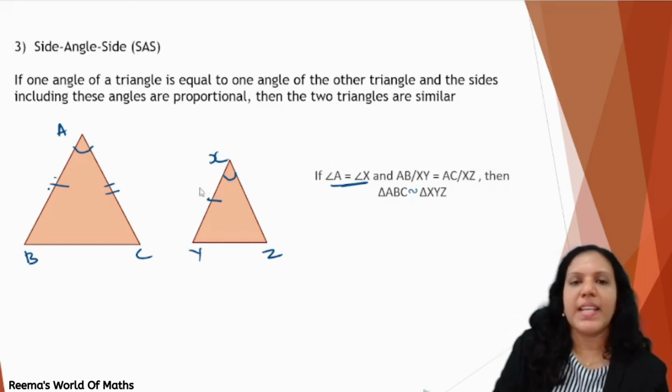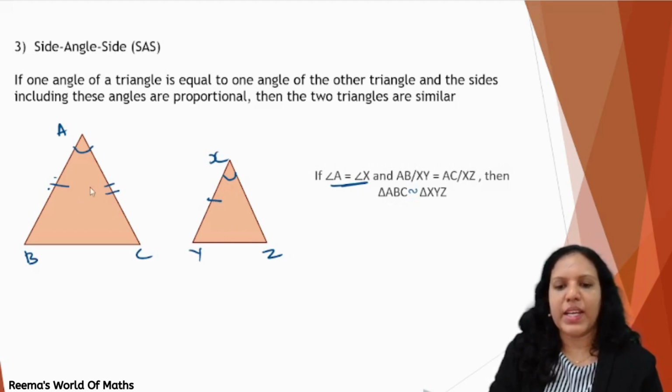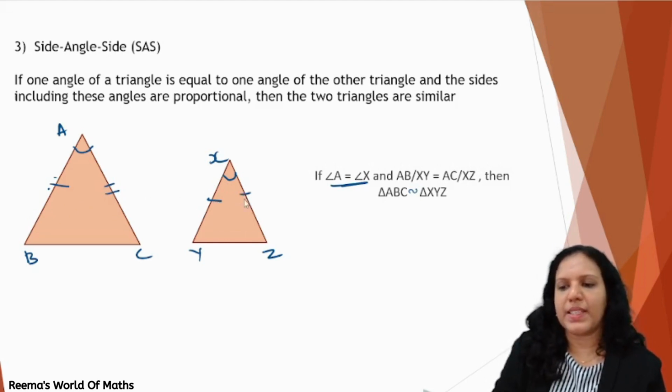So if angle A is equal to angle X, then AB will be in proportion to XY and AC will be in proportion to XZ.